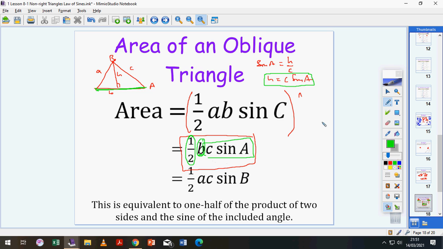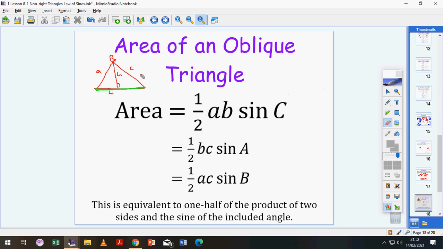So just to help you remember it, it's the 2 sides and the sine of the third side. If these are A and B, then the sine will be of C. If it's B and C, then the sine will be of A. If it's A and C, then the sine will be of B. And you can use that to find areas.